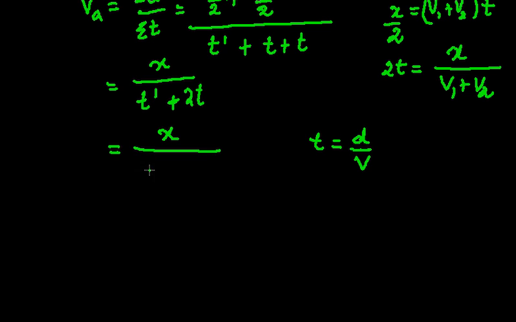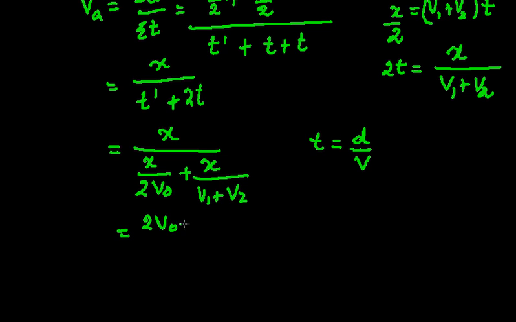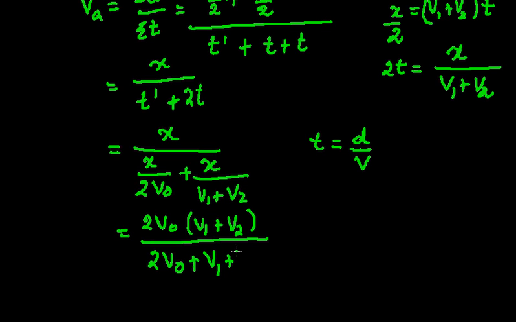So in the first case, t dash is equal to x by 2 v0, plus here 2t we have the value x by v1 plus v2. Solving this equation algebraically would give us 2 v0 into v1 plus v2 by 2 v0 plus v1 plus v2.